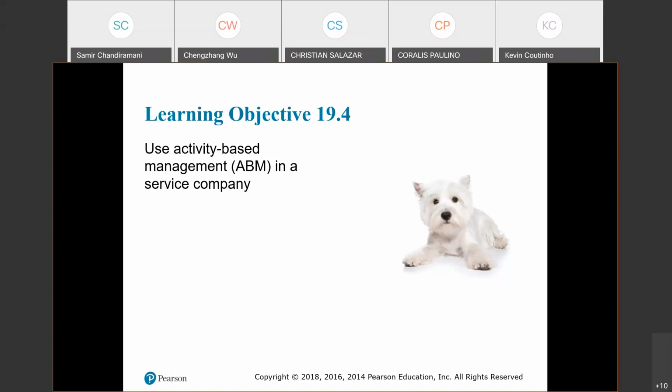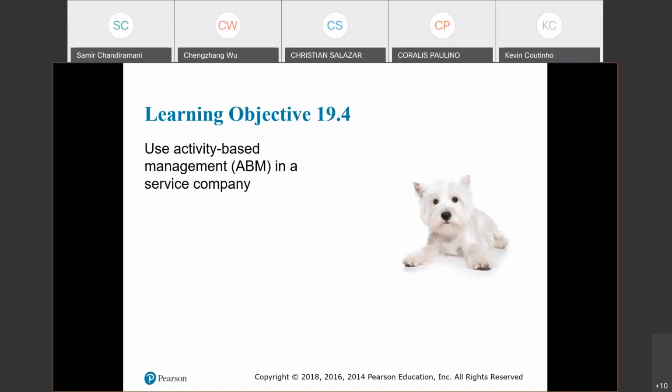Today we will start the class by introducing the activity-based management used in service company. Activity-based management is not just for manufacturing companies. Many service companies also use ABM, which is activity-based management.